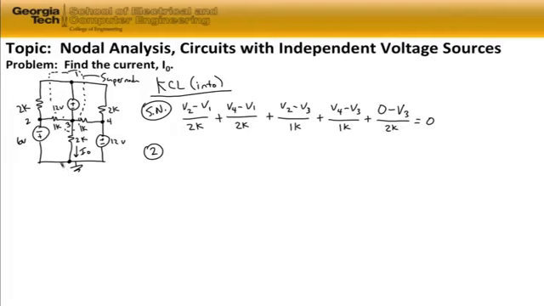The bottom node is at 0 volts, tied to the positive polarity of the 6-volt source. So we have 0, and node 2 is tied to the negative polarity of the 6-volt source, so it's minus V2 is equal to 6 volts.